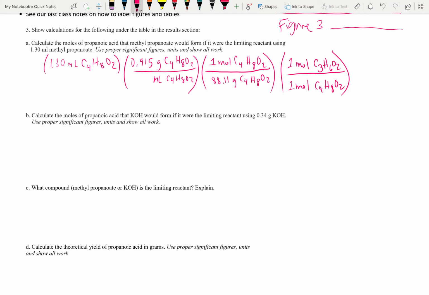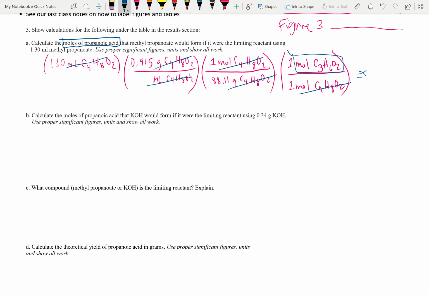So when you do the math here, you see that the milliliters cancel out, the grams cancel out, the moles cancel out, and we're left with whatever the question is asking us. Calculate moles of propanoic acid. That's what we are left with here.